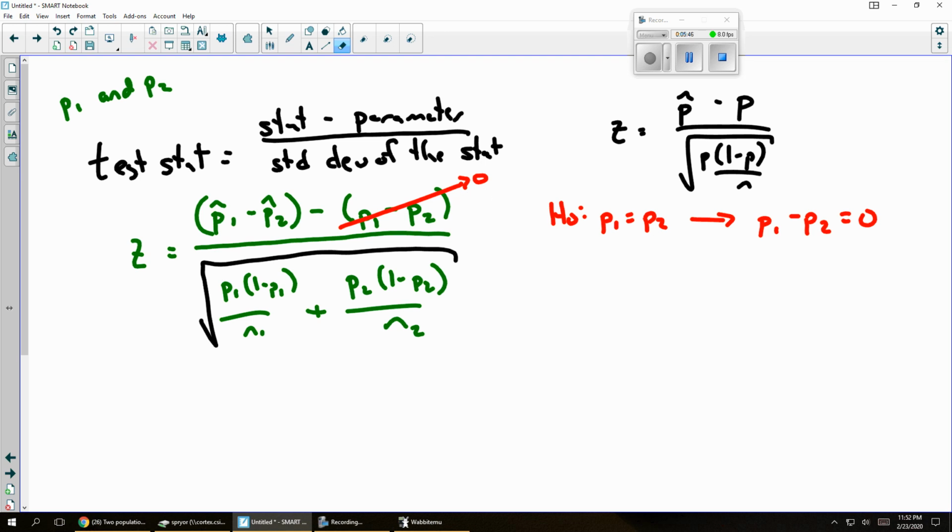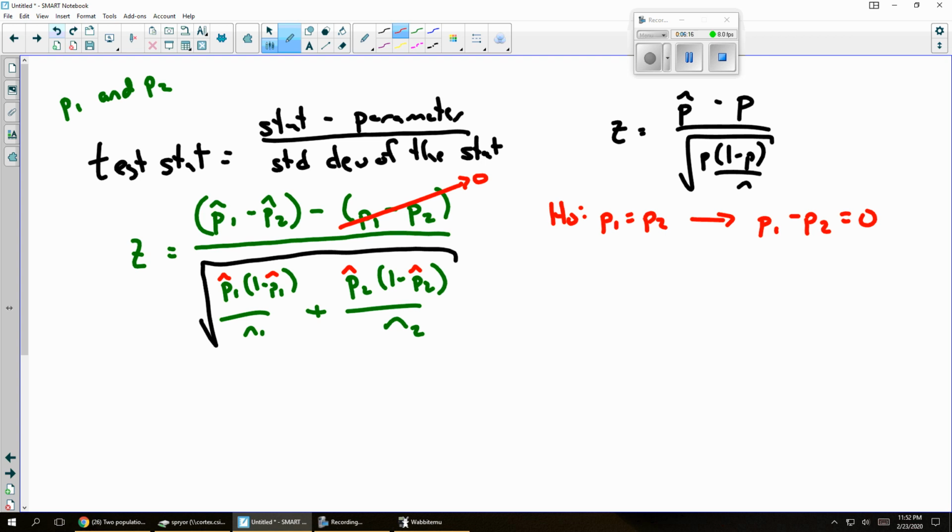On the bottom, however, I get in a little bit of a pickle. This stuff right here, I don't know. And so what do I have to do? Well, I have to use the next best thing. And so the next best thing is when I put hats on here and I use my guesses for P1 and P2. But as they say on late night infomercials, but wait, there's more.